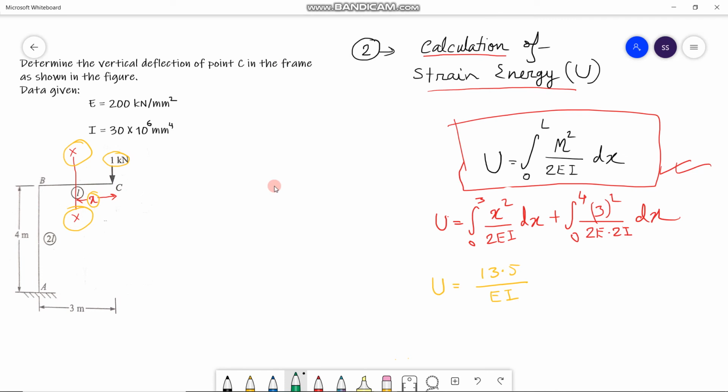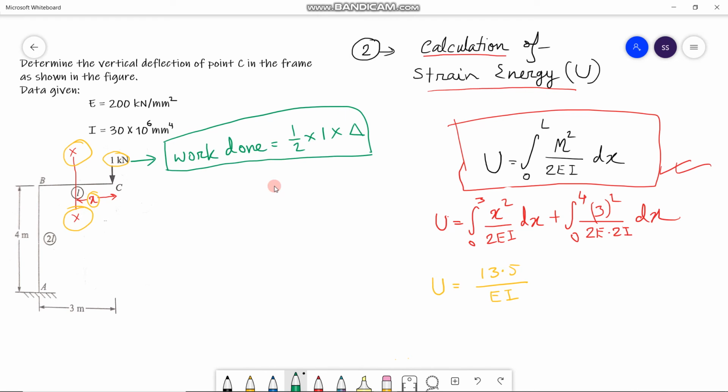Now the work done by the applied load is equal to half into the applied load 1 into the deflection caused by the applied load. So this is the total work done by the applied load.